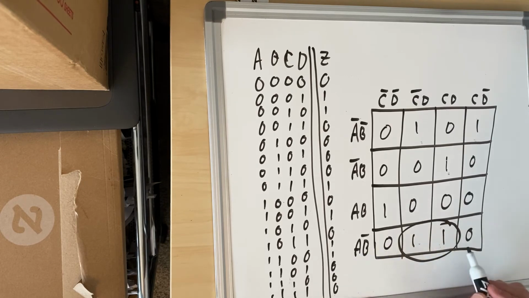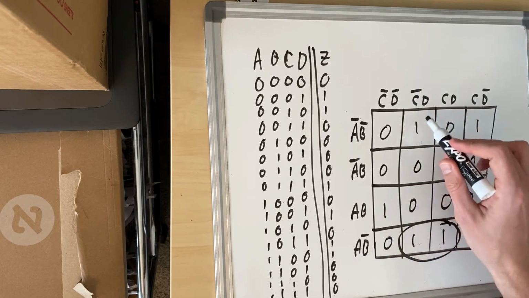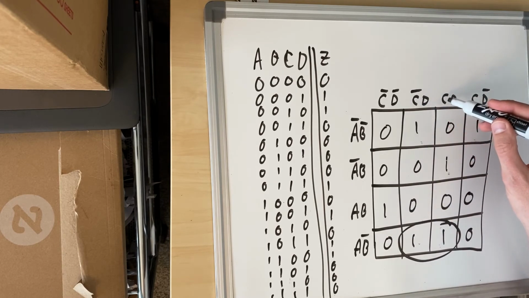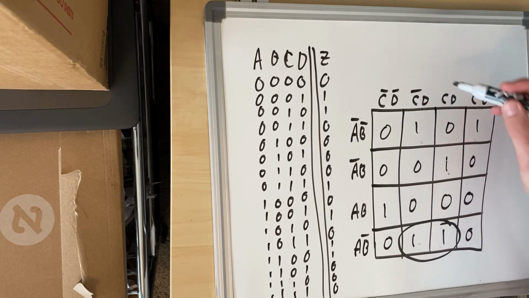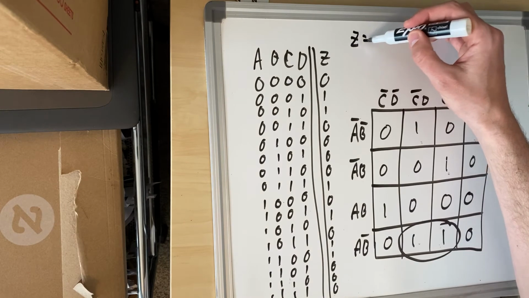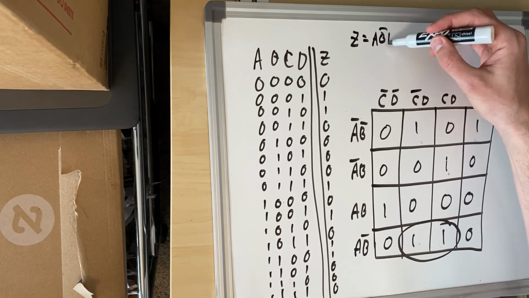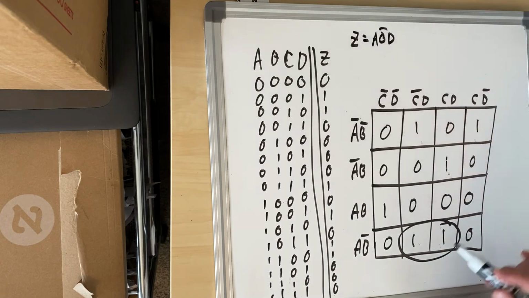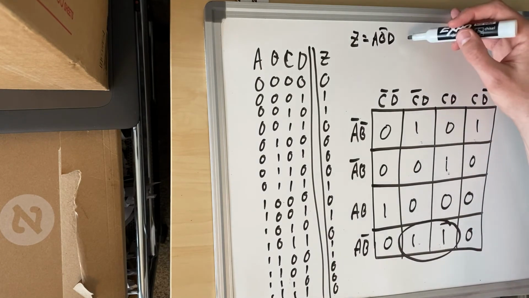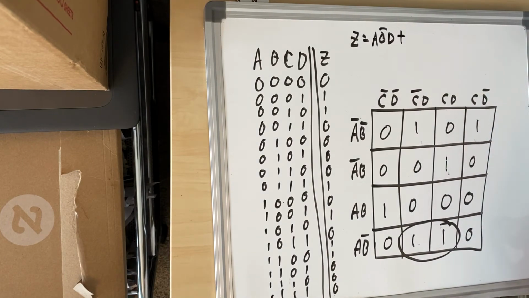They obviously don't change. Then we want to find what's the same up here. Here I see not C and C, they changed, but the D stays the same. So this would be Z equals A, not B, D, because it doesn't matter what C is doing. It'll be a 1 either way. Or, and now I don't see any other ways we could simplify this.